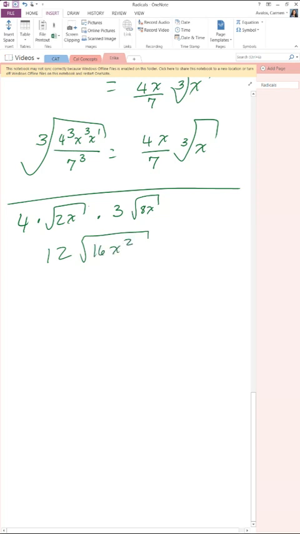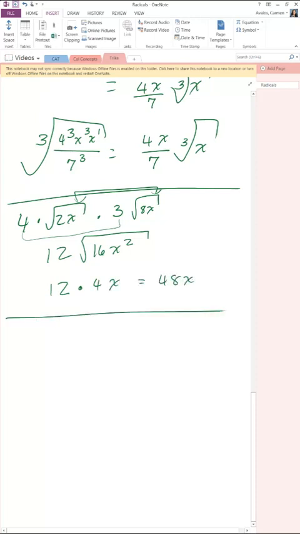And so you could do this because everything's being multiplied. The little radicals get multiplied and the coefficients get multiplied. So you get 12, and then times, this is going to be 4, and then x, so you end up with 48x on there. So when you're multiplying radicals or dividing them, you could just go straight through to that and then simplify what they have in common.